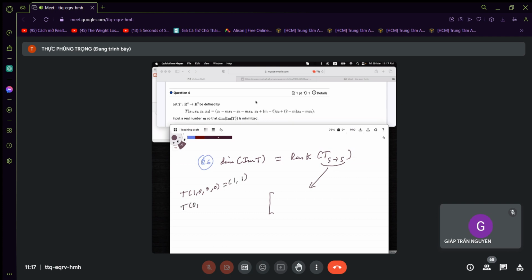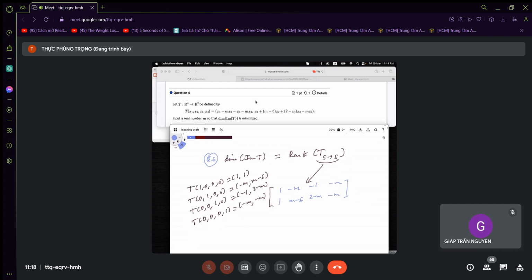T of E2 is minus M, M minus 2. T of E3 is minus 1, 2 minus M, and the last one, minus M, minus M. Therefore, you get the matrix 1, 1, minus M, M minus 2, minus 1, 2 minus M, minus M, minus M.